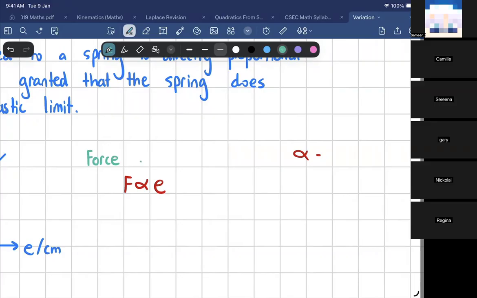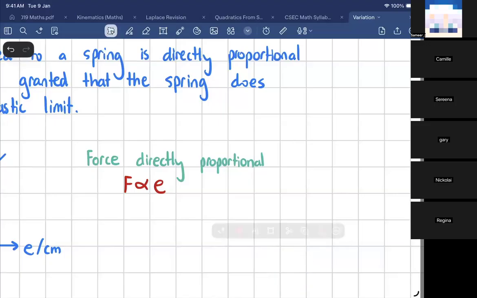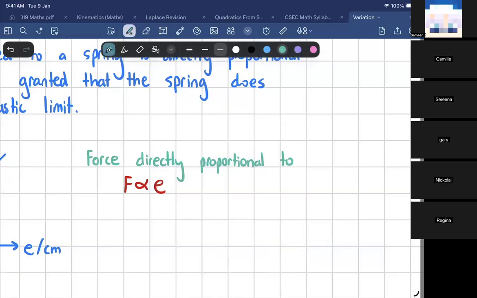So this means that force is directly proportional to what? Tell me, Nikolai. Force is directly proportional to what?